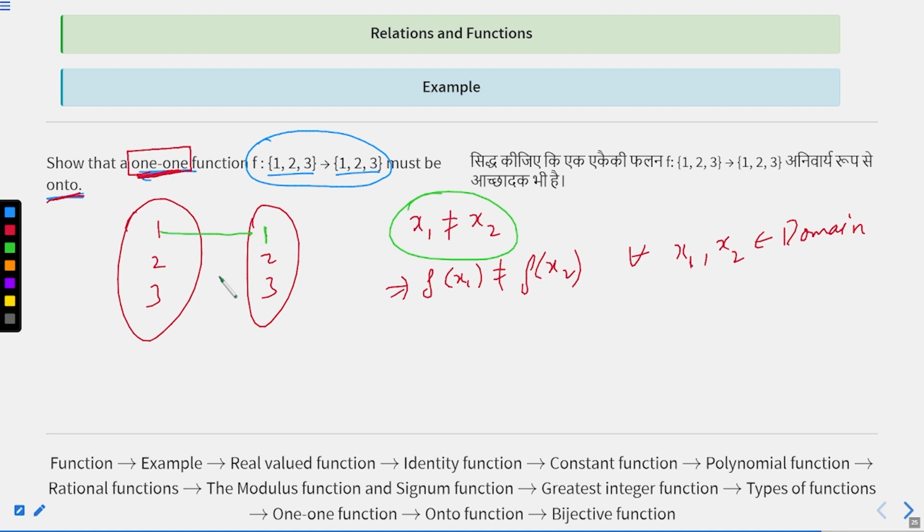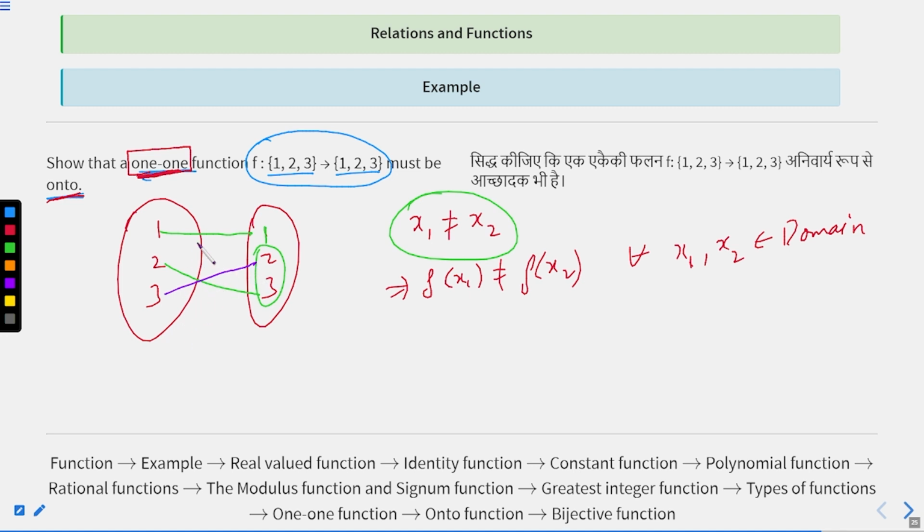This means 1 is associated to 1. Now 2 cannot be associated to 1, so the only possibilities are these. Just associate it like this. Now 3 cannot be associated to 3 and 1, because they are already occupied by these elements. Now the only remaining possibility is this.